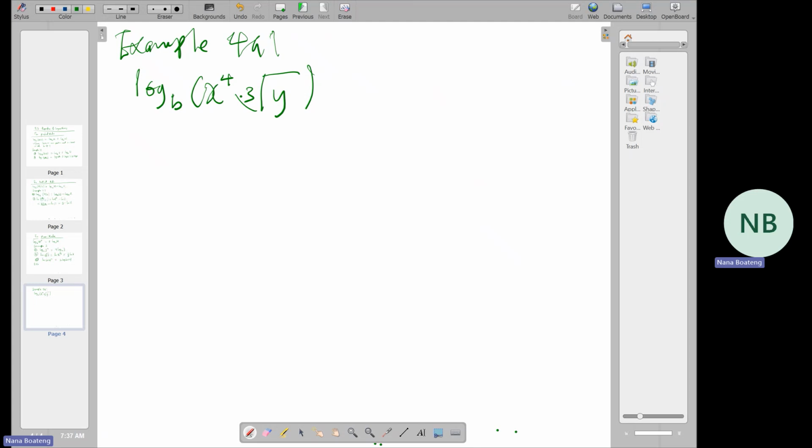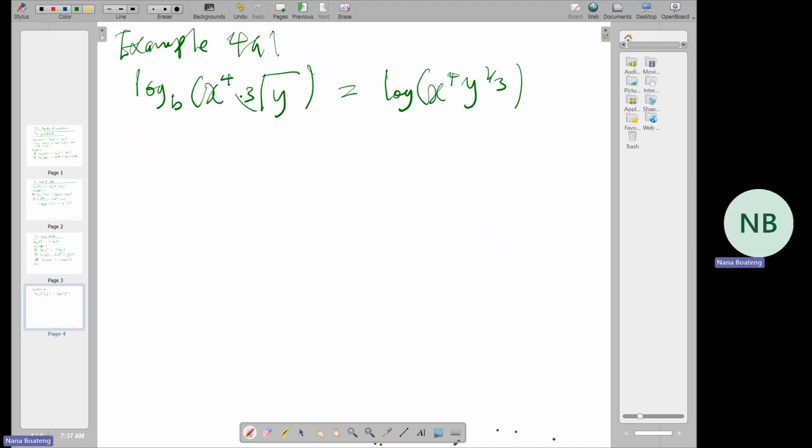Applying the properties of logs, applying the power rule first, the cubic root of y is the same as y to the power 1/3.